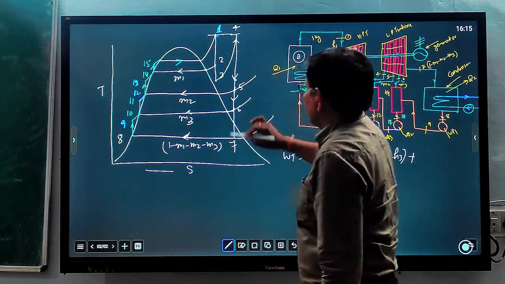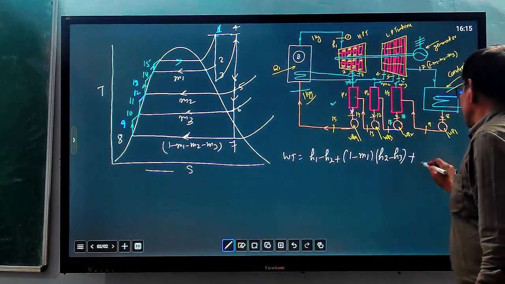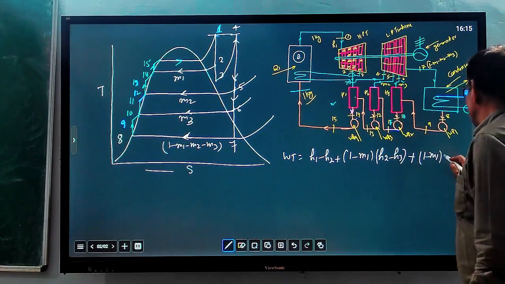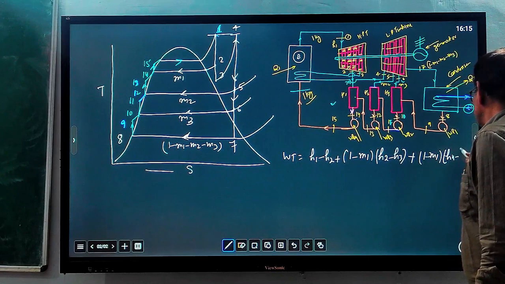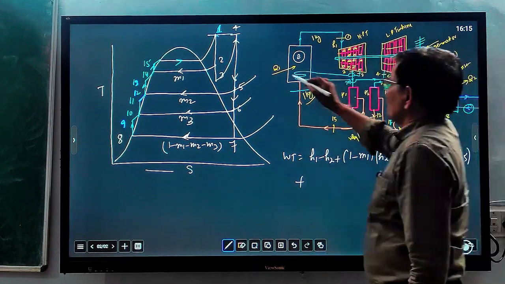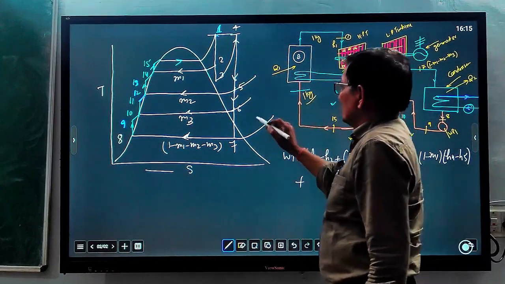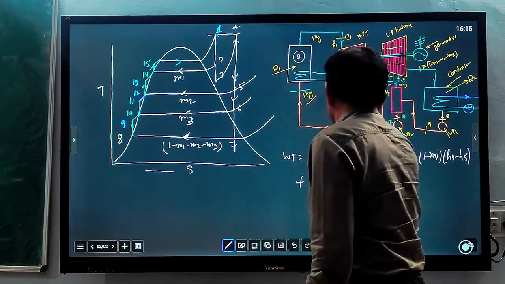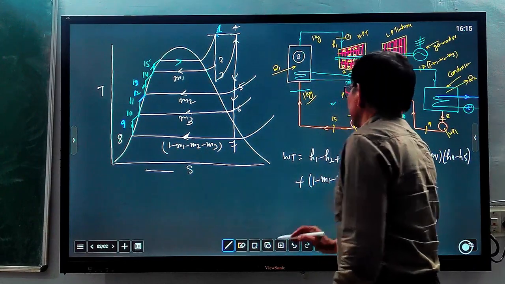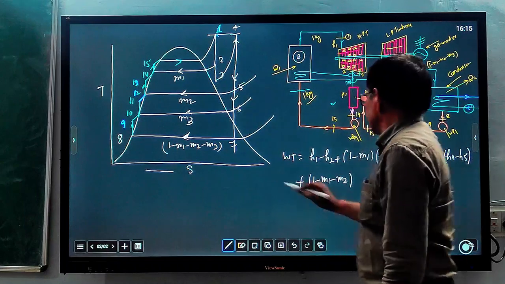Then from 4 to 5, the same quantity will expand: (1 minus M1) into (H4 minus H5), plus from 5 to 6, M2 is taken back, so (1 minus M1 minus M2) quantity will remain for expanding from state 5 to 6.